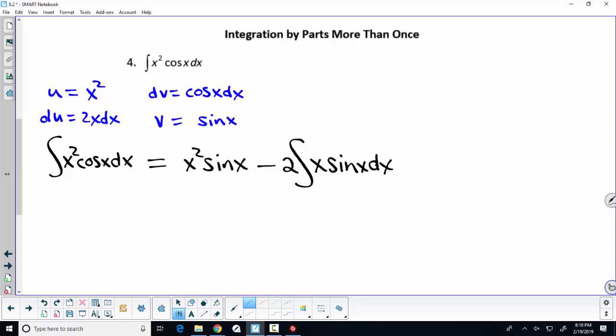So the idea is we had an x squared times a trig function, and we've broken that down into an x to the first times another trig function. So we've effectively reduced the power on x once, and another round of integration by parts here should eliminate the product.